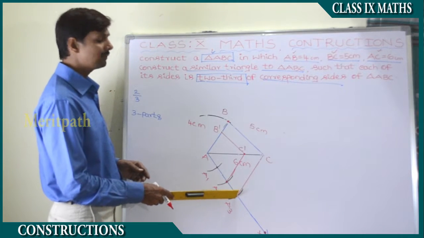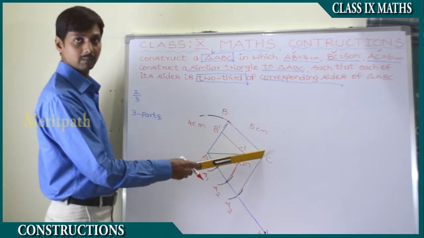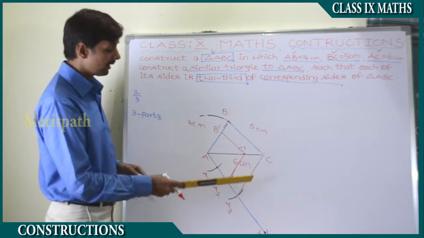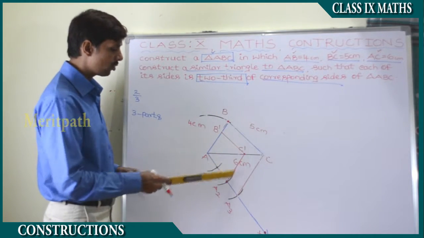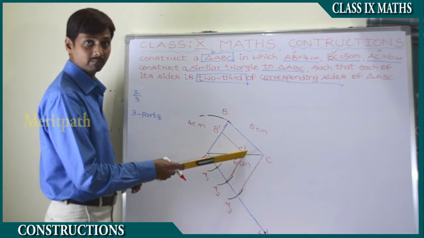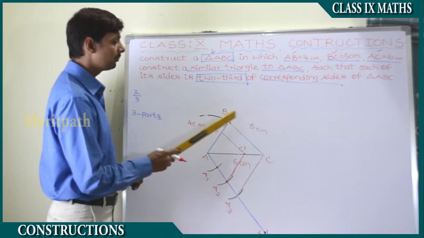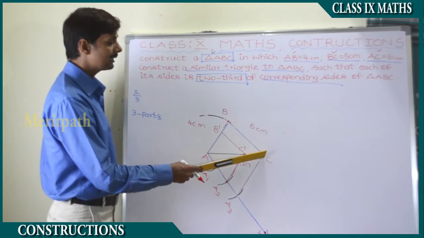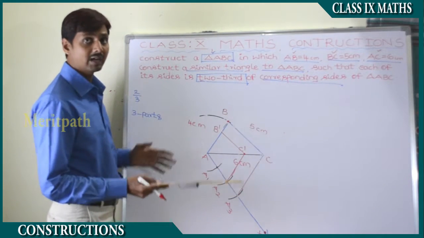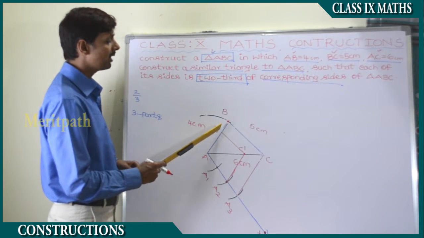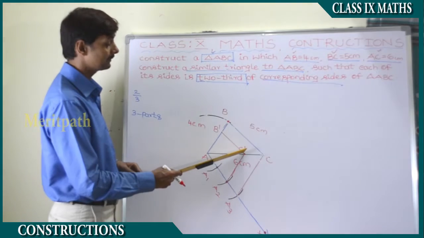After the third part is joined with C, we have taken a parallel line for A3C, and then we got A2C dash. Similarly we drew a parallel line for BC, which is B dash C dash.